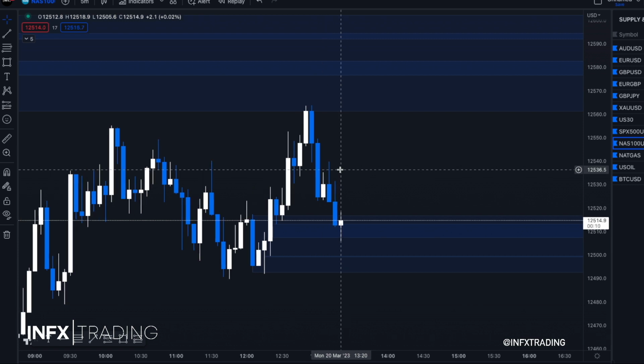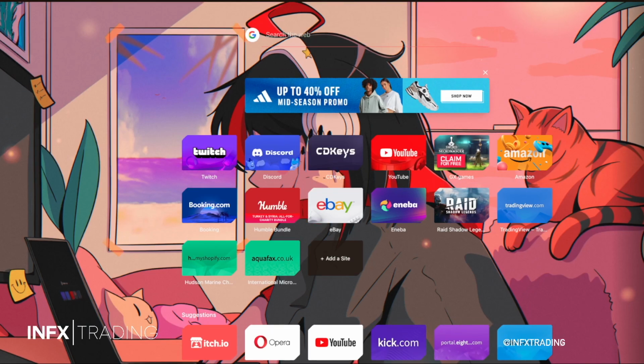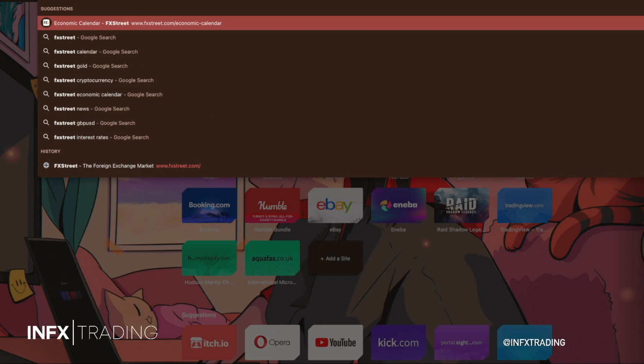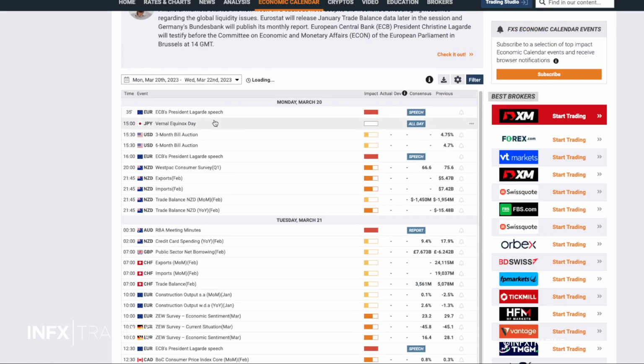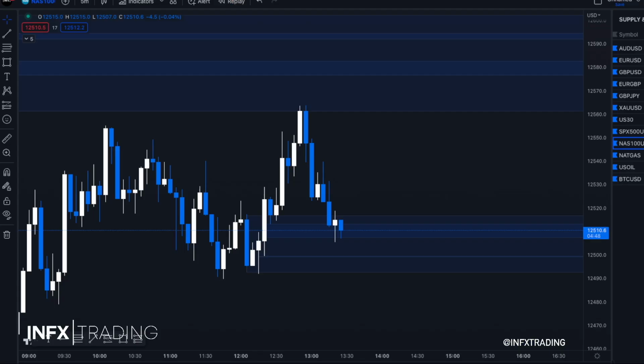That's at 2:30. The New York Stock Exchange Open usually gives a little bit more volatility. What have we got here? We've got no high impact news for the US dollar today, which is good.